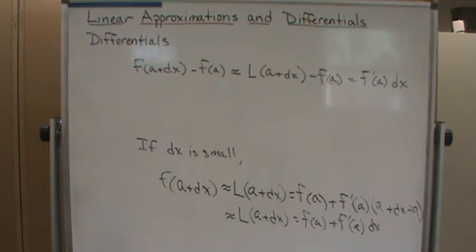The actual change in f of x, if x increases from a to a plus dx, is approximately the difference between L of a plus dx and f of a, where L of x is the linear approximation of f at a, as we talked about before. And this difference is equal to f prime of a dx.